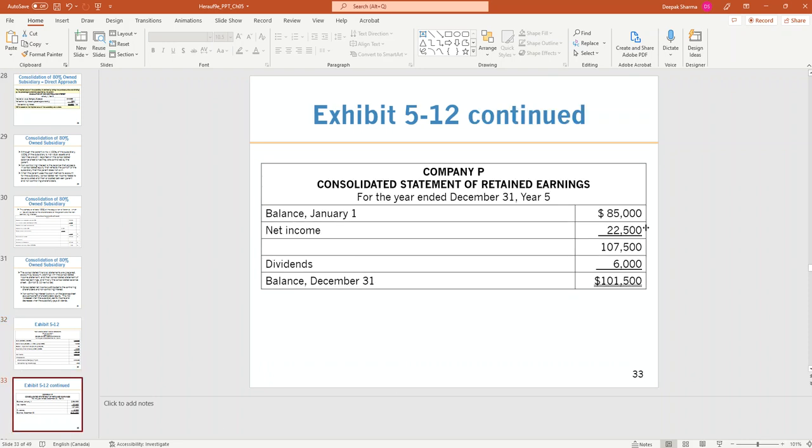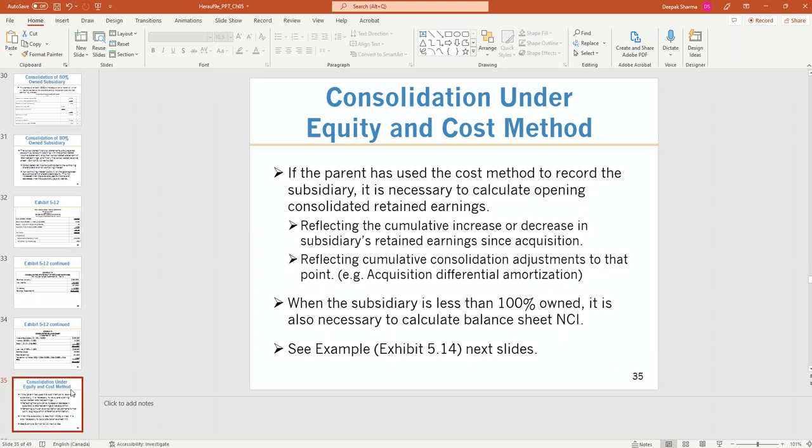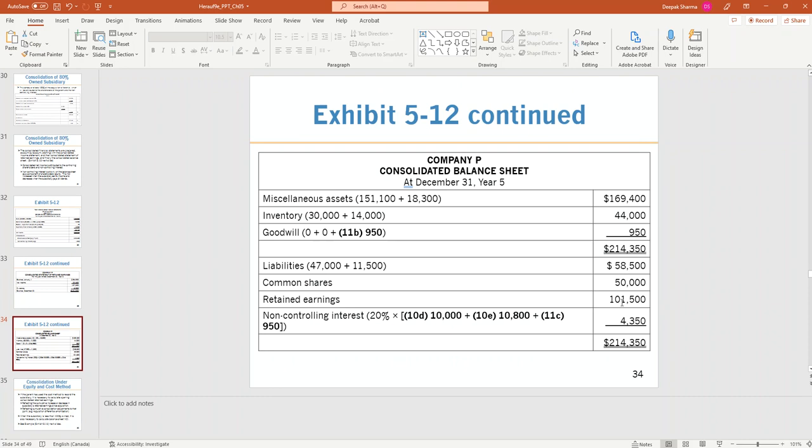So when we show the net income here, we only add the amount that belongs to the parent company P. The NCI amount, which is 1,050, gets allocated to the NCI account, which is also part of the equity section, but that will show up as a separate line. And here are the dividends that were paid out. This was a dividend paid out by the parent only.